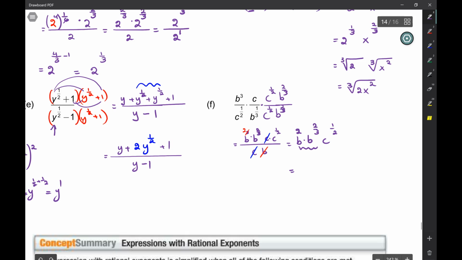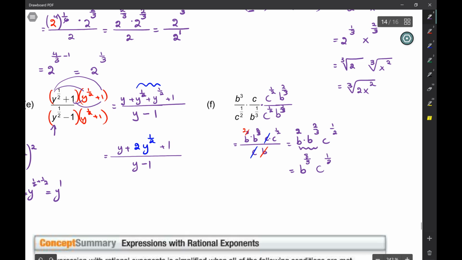Okay, so how many total B's? What do I do to the exponents? Add them. It was B to the 3rd, and then there was a B here. So here, 2 plus 2/3, that's 8/3.